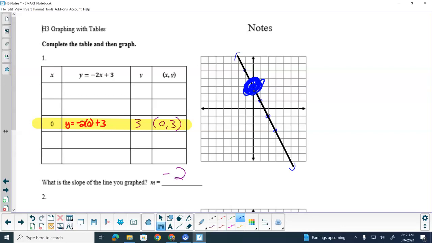Circle that one. So put a star by this line. Put a star by that line and put an arrow to that point, the point that you just pointed out. Star by the line.